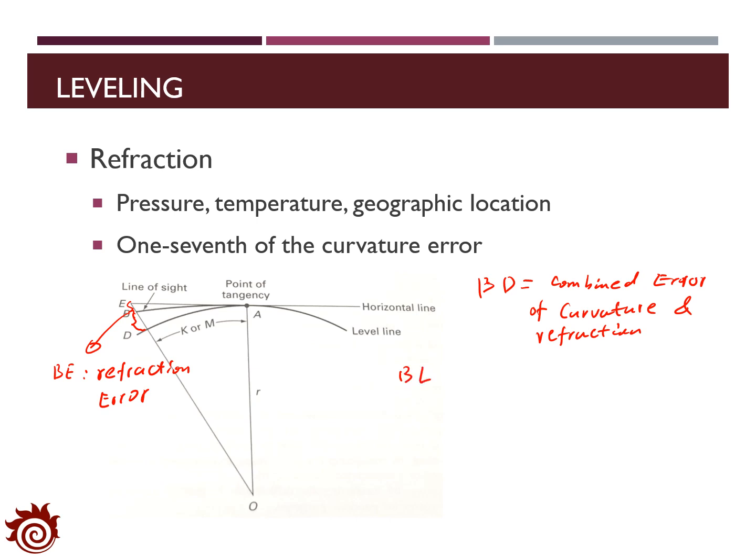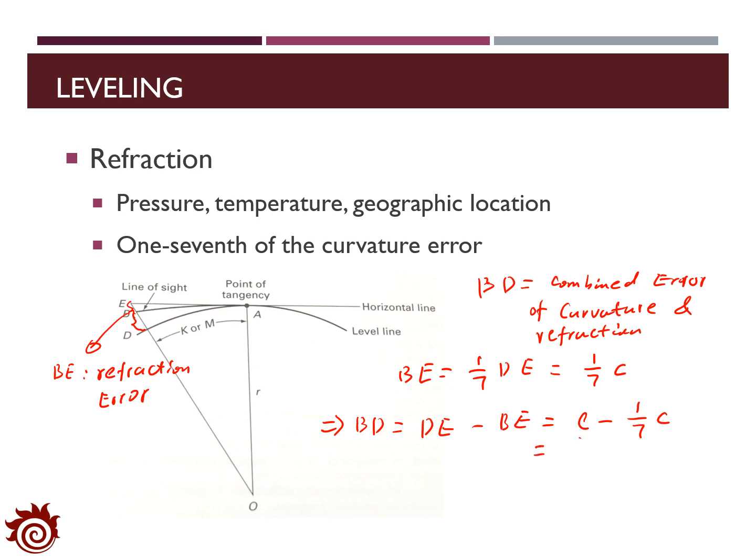So BE equals 1/7 of DE. That is 1/7 of C. With that, we can find that the combined error is BD equal to DE minus BE. That is C minus 1/7 C.